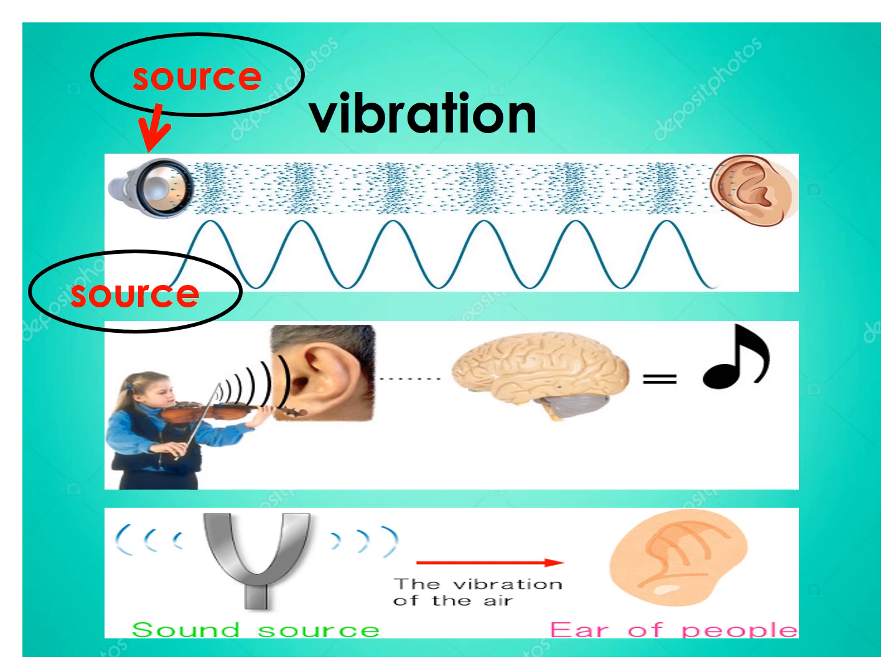Then the brain will tell you that you heard music or a pleasant sound from the violin. The same thing happens when you hit a tuning fork. When you hit a tuning fork, it vibrates. The vibration will travel through the air until it reaches the ear of a person.